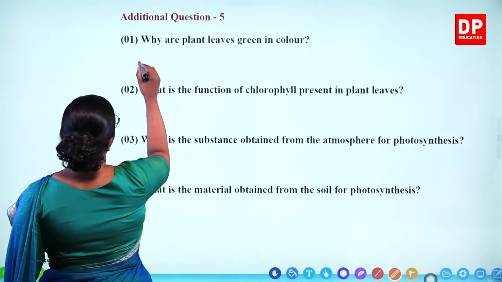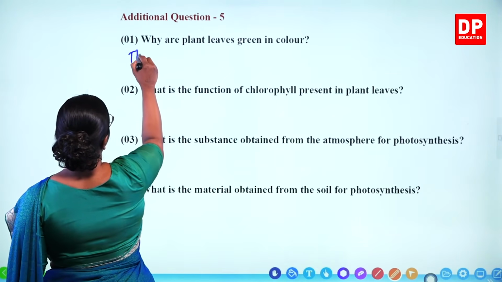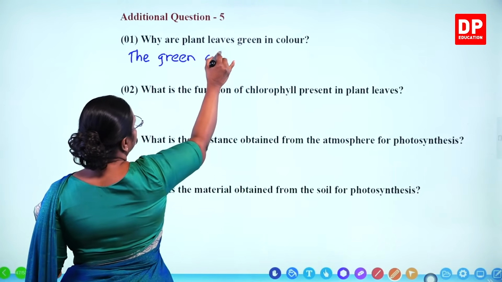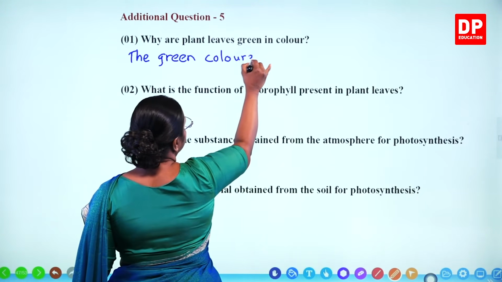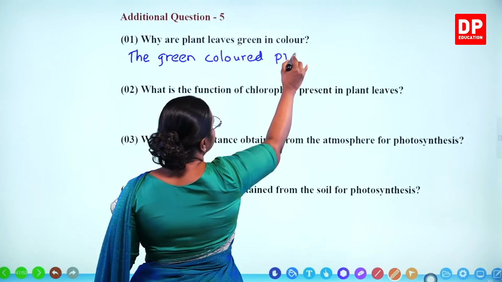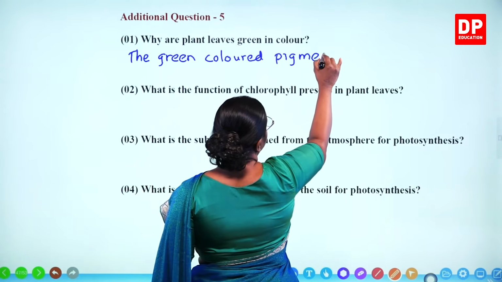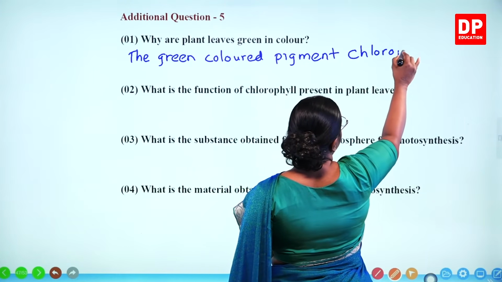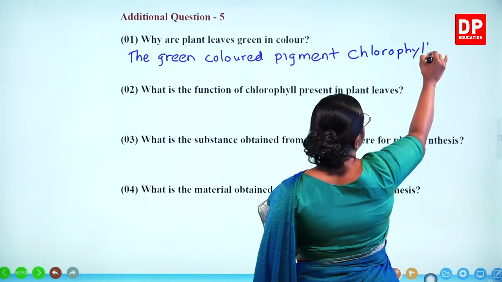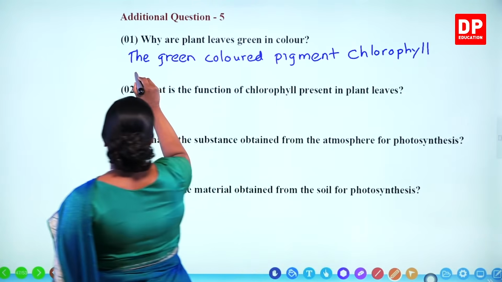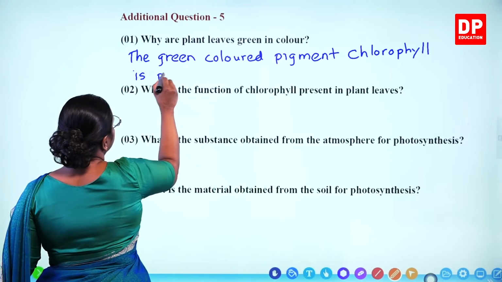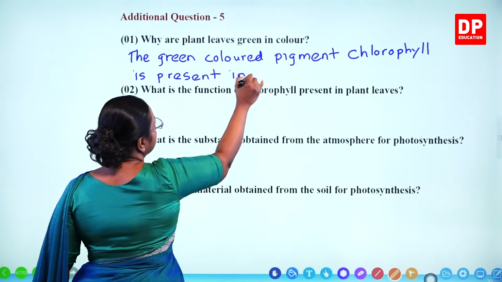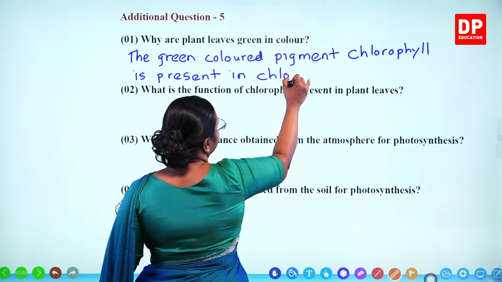So here we can say the green colored pigment chlorophyll is present in chloroplast.